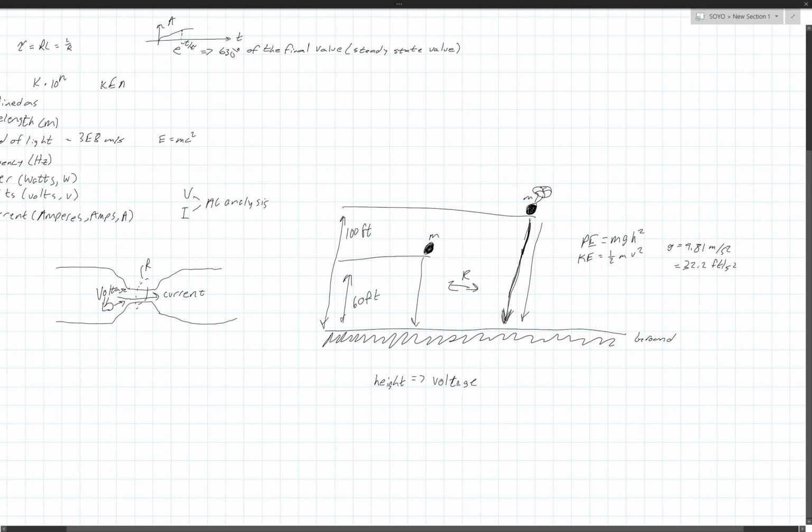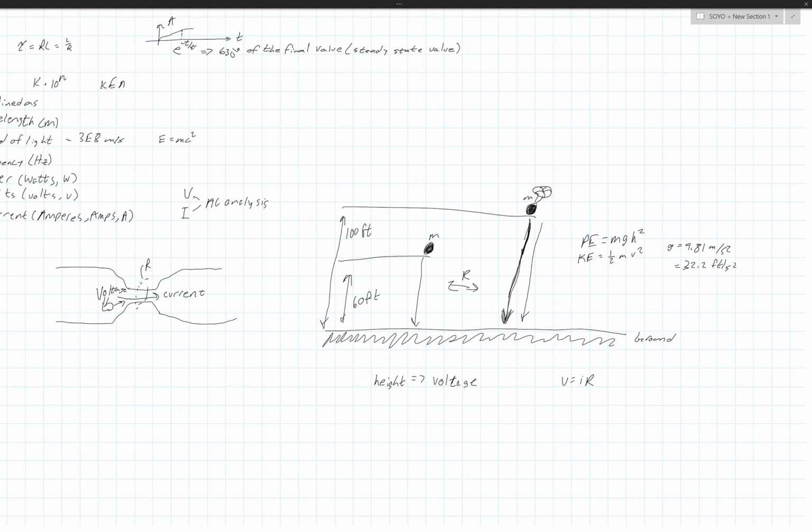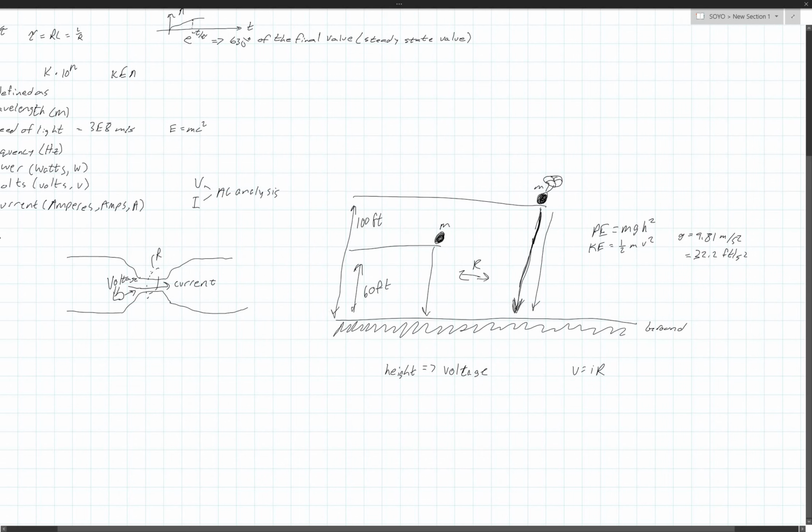And that's related by voltage equals current times resistance. That was pretty ugly, I'm sorry. Now, the current is like the speed. So for the same resistance, a higher voltage means a higher current.